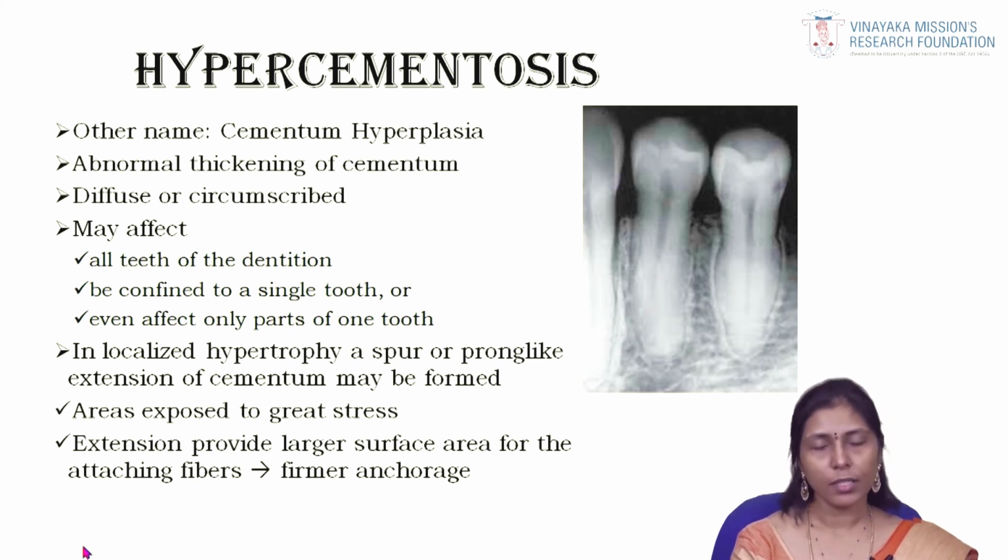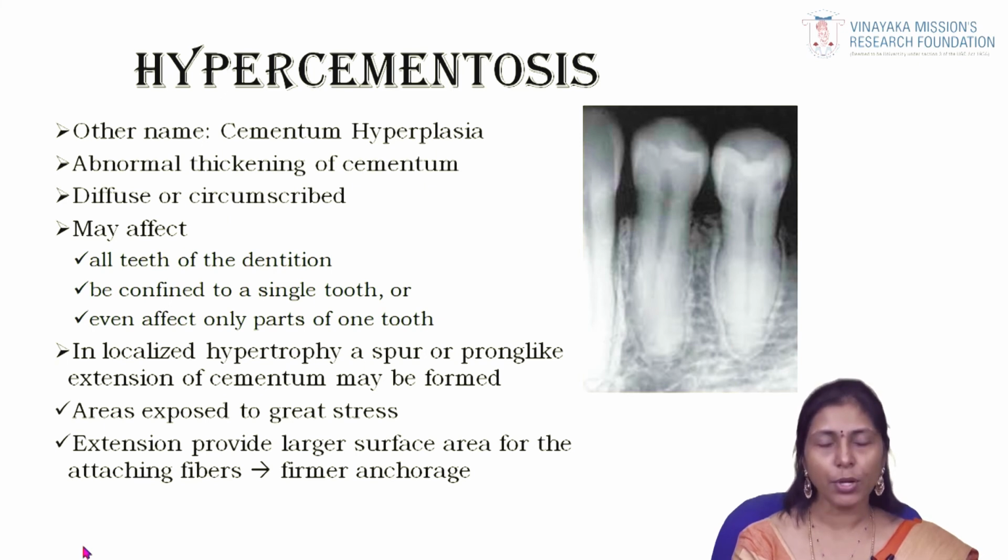It may affect all the teeth in the dentition, or it can be confined to a single tooth, or it may even affect only part of the tooth. Sometimes you can see it as a localized hypertrophy or prong-like projections, that is extension towards the periodontal ligament surface. So, why is this going to occur?